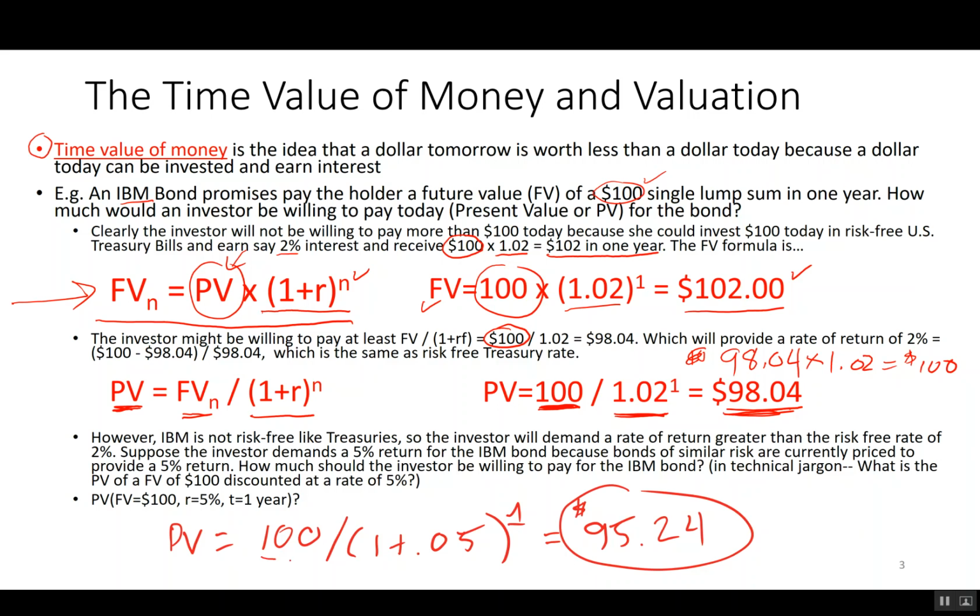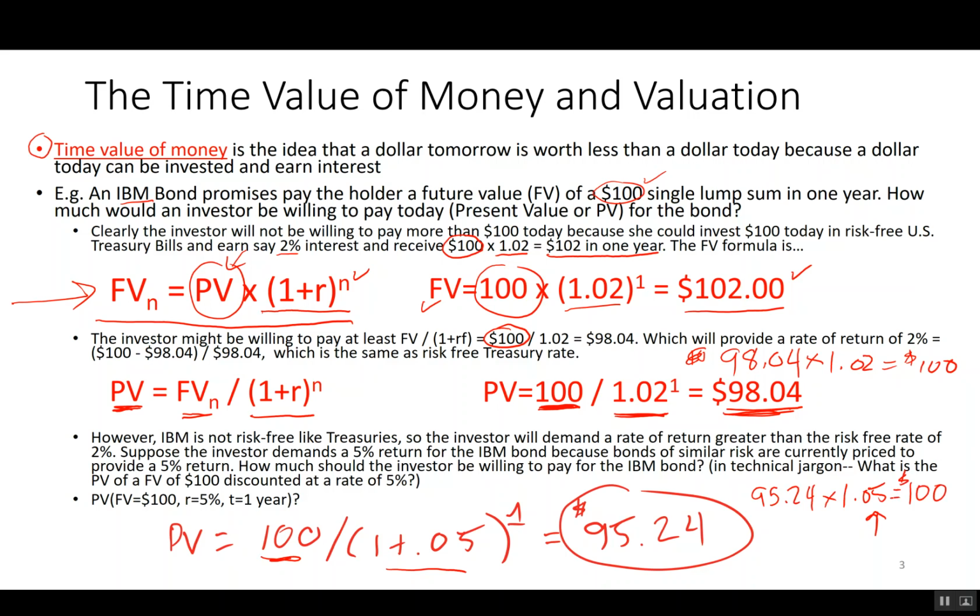Therefore, $100, that future value, discounted at 5% for 1 year, is $95.24. If you pay $95.24, and you get your $100 back next year, you will earn exactly 5% interest.